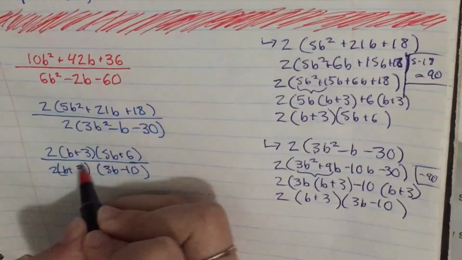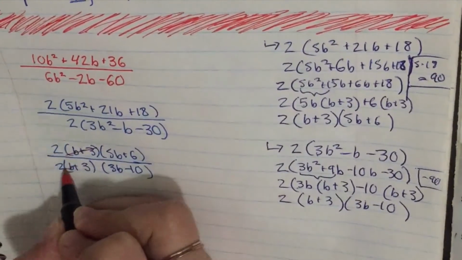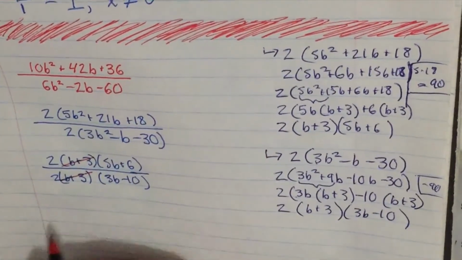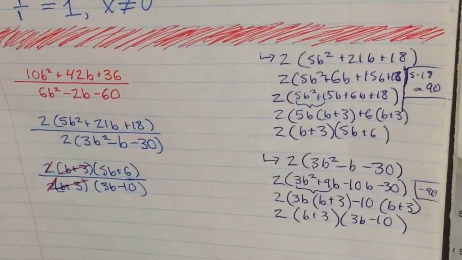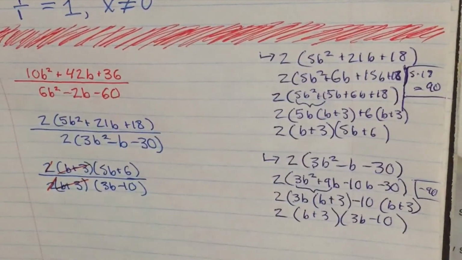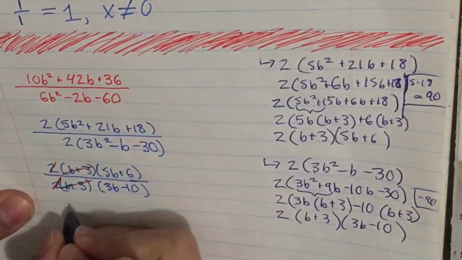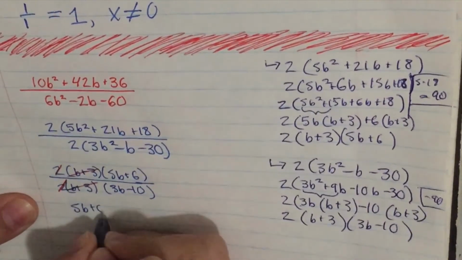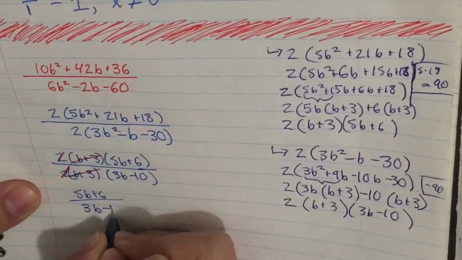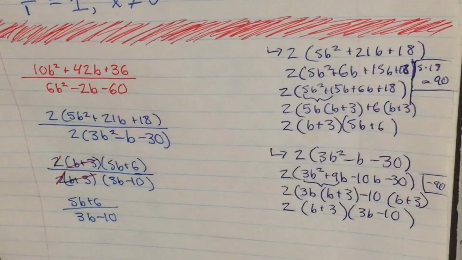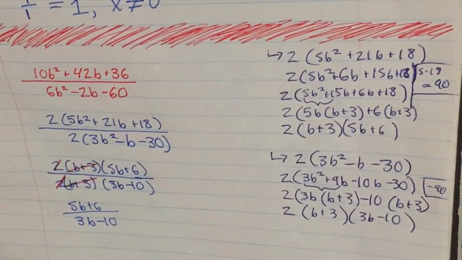So we can see that b plus 3 is a common term, so we can cross that out, and same with 2. So now we're left with 5b plus 6 divided by 3b minus 10. This cannot be simplified further, and that's our final answer.